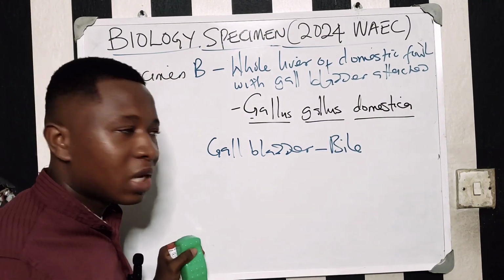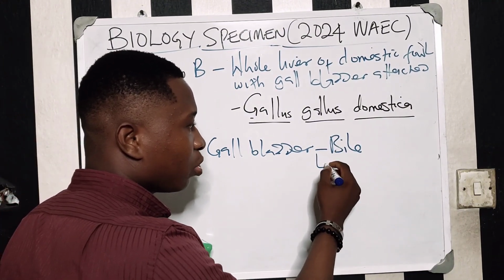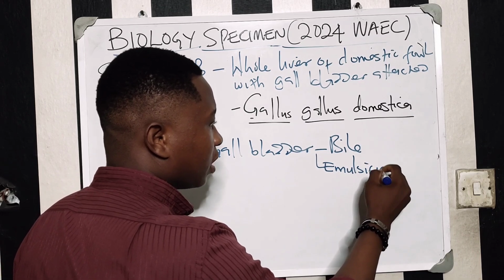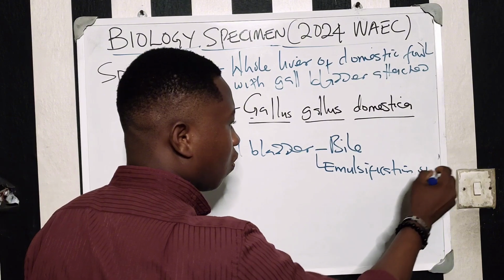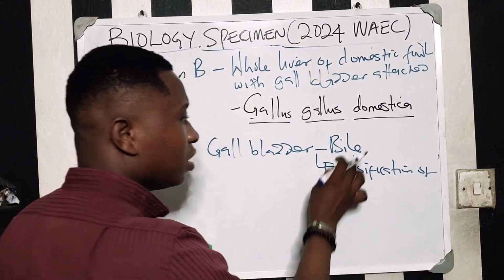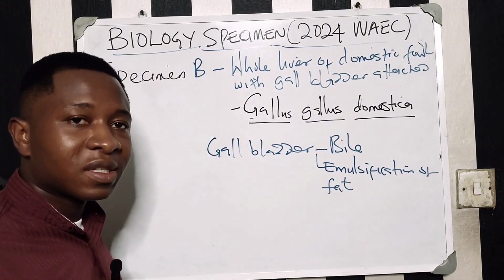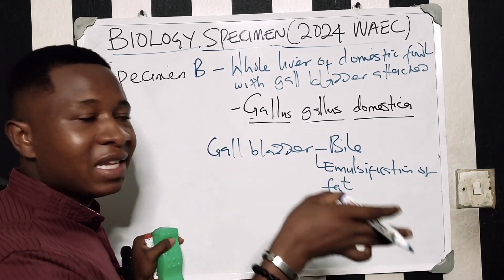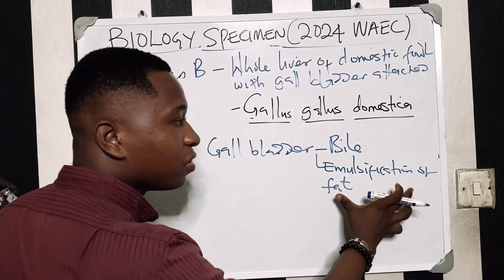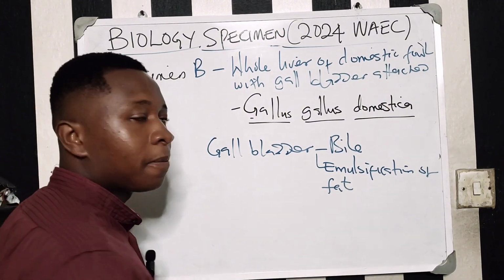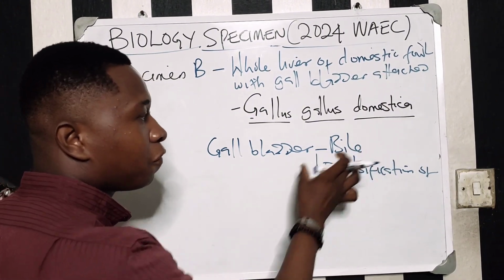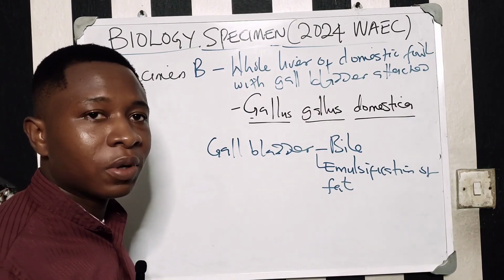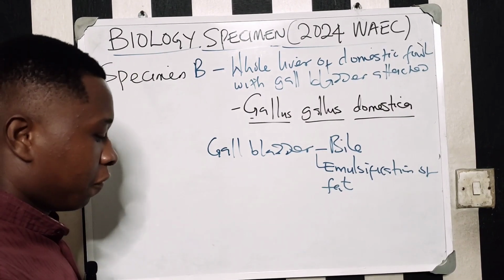This bile is very important because it helps in the emulsification of fat. Bile is synthesized in the gallbladder and released to emulsify or digest fat. That's the function of the bile. So that's the major function of the bile.